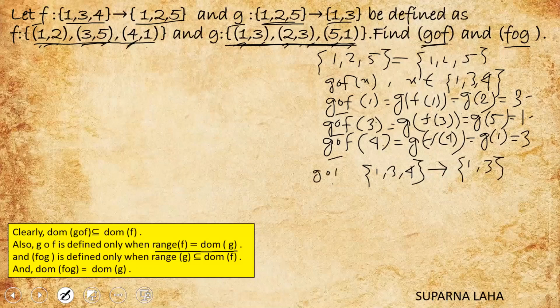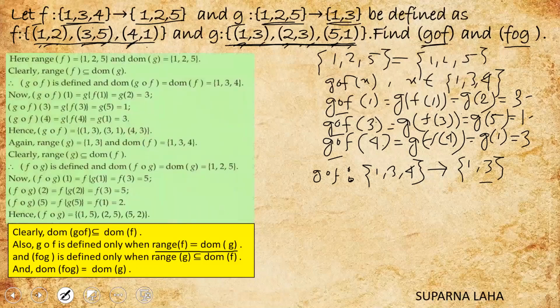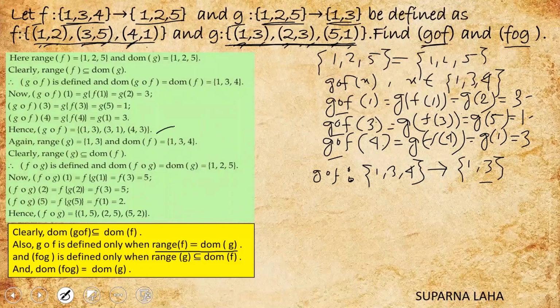So g of f is defined from the set 1, 3, 4 to the set 1, 3, that is, the domain of f to the range of g. So here are the elements of g of f: 1, image is 3; 3, image is 1; 4, image is 3.